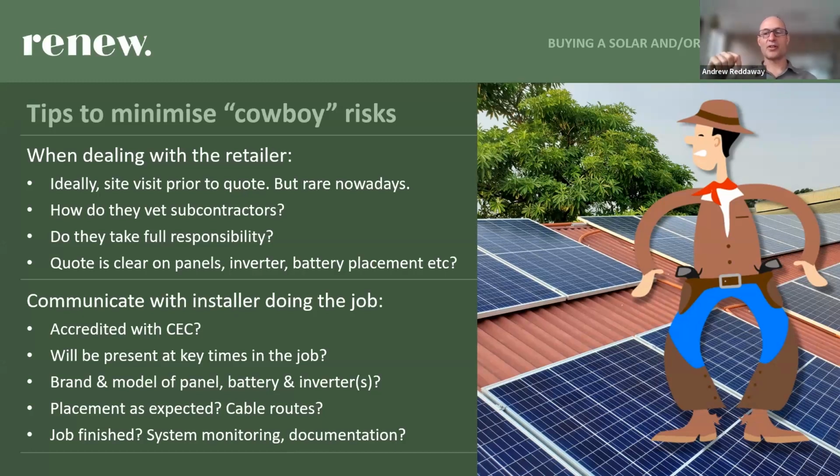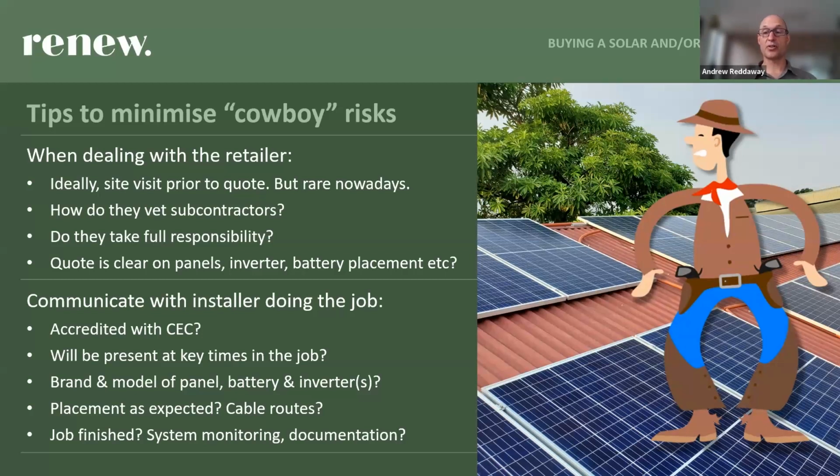Where are the cables going to go? Is it going to be on the outside of the wall in like a plastic cover or something? Do you care about that? Is it going to be ugly, or is it going to be concealed in the wall? So I'd be talking to them about these sorts of things, and then at the end of the job, the installer should be handing everything over to you before they go.